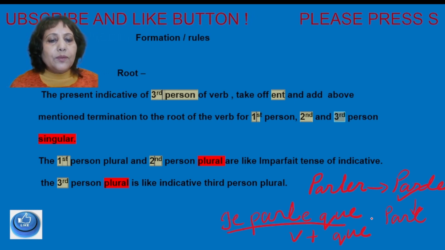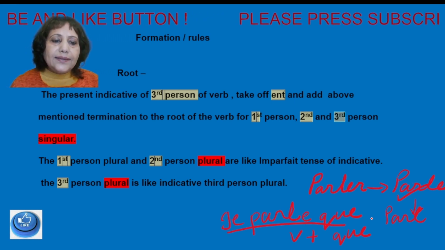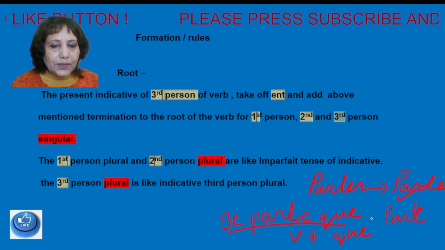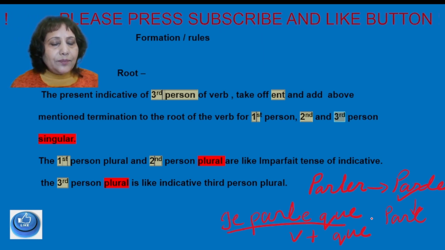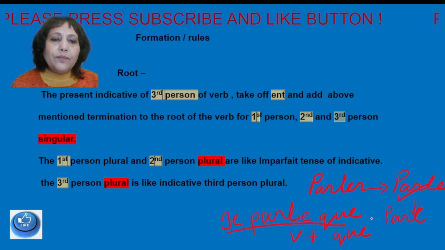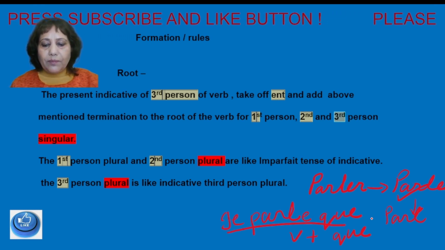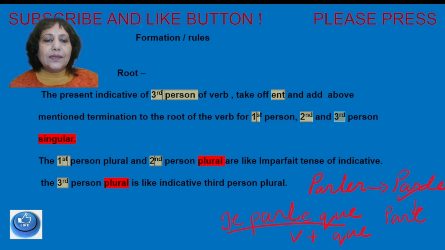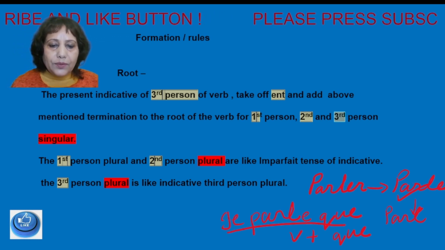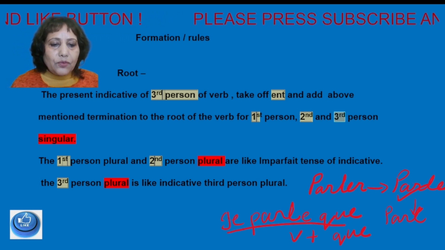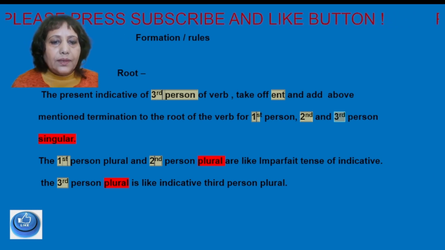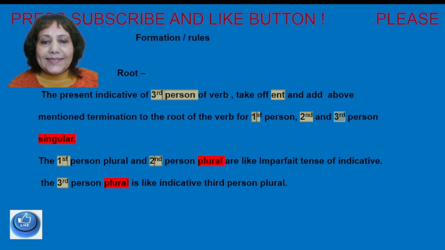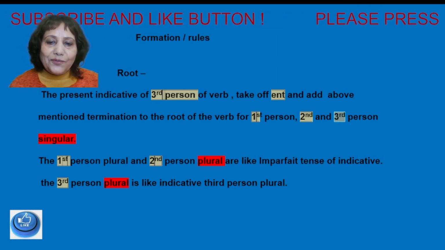root of the verb for the first, second and third person singular. The first person plural and second person plural are like the imperfect tense. If you remember the imperfect tense, I will remind you what it is. Imperfect is one of the past tenses.